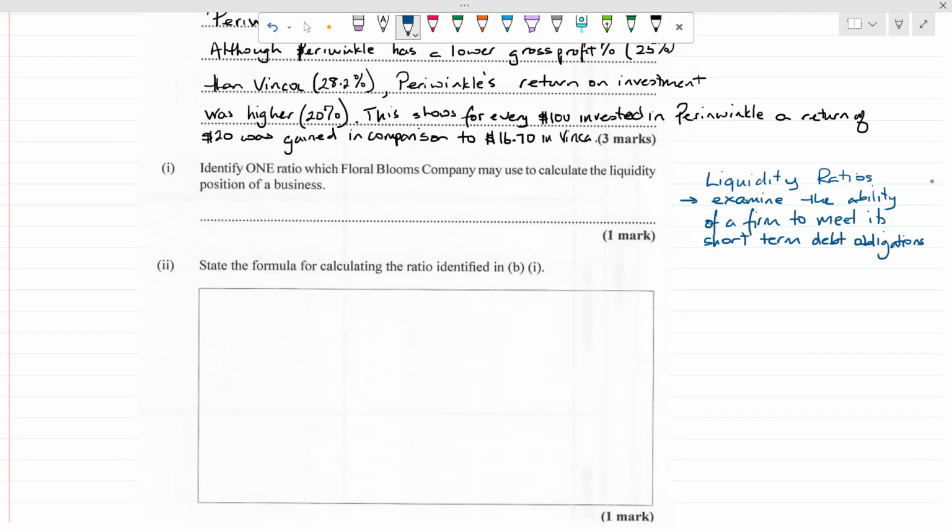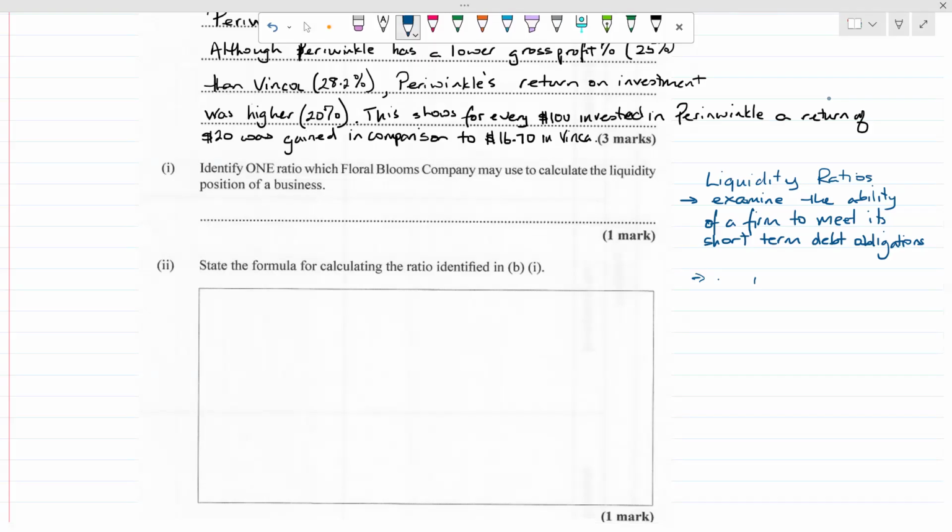Liquidity ratios examine the ability of the firm to meet its short-term debt obligations, all the current liabilities. Current liabilities would include things like its creditors and other debt obligations. If you do not have enough to cover, then the company runs the risk of running into financial issues: cash flow problems, not being able to pay certain things, and eventually the company could become insolvent, unable to meet its debt obligations.